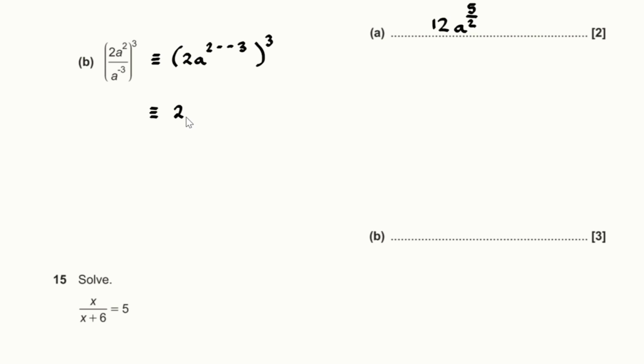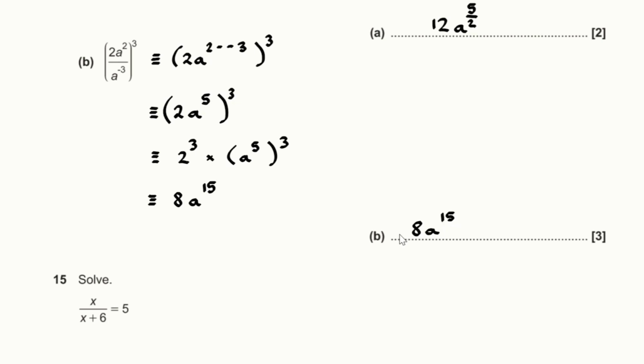So we have 2a to the power of 5, cubed. So we have 2 cubed times a to the power of 5 cubed. So we have 8a to the power of 15.